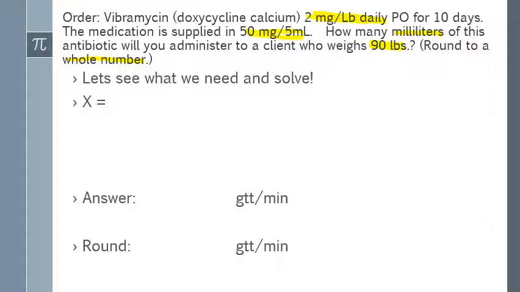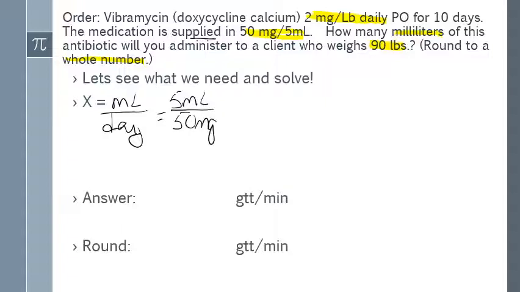So we'll set up our problem. We are solving for milliliters per day. And we know that the way that it is supplied, and here's why I'm starting with the supply, I want to get my milliliters on top, so I'm going to start with the supply first. We have 5 milliliters per 50 milligrams.